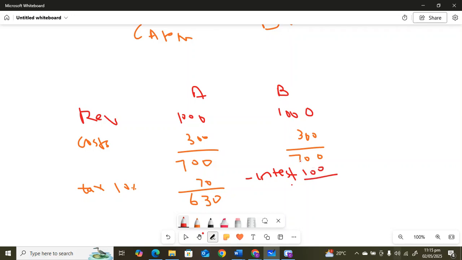So 700 minus 100, that is 600 kwacha. Then tax now. Tax is also at 10%, so 10% of 600 is 60 kwacha.